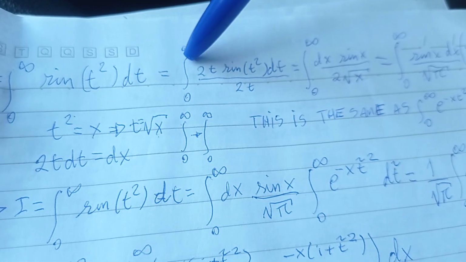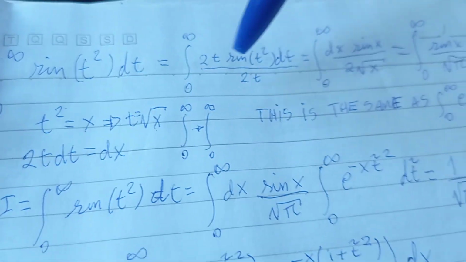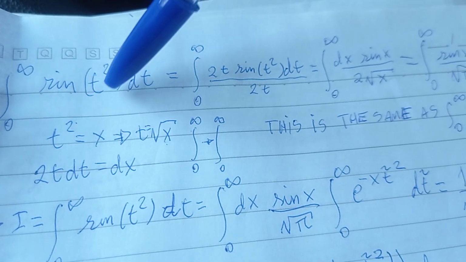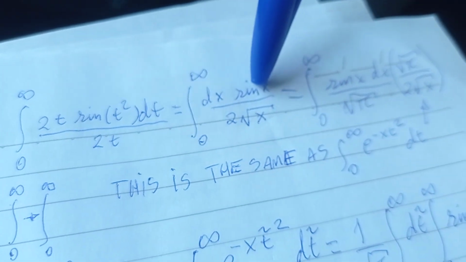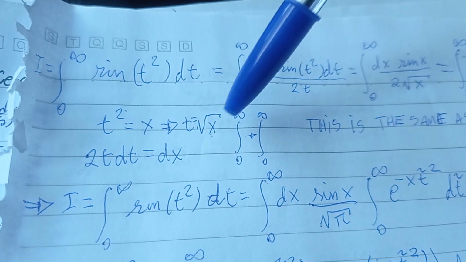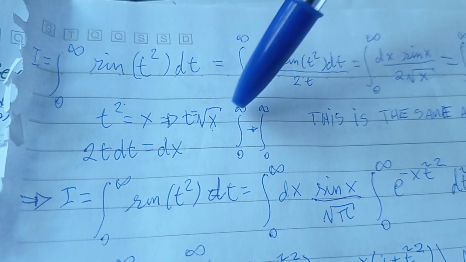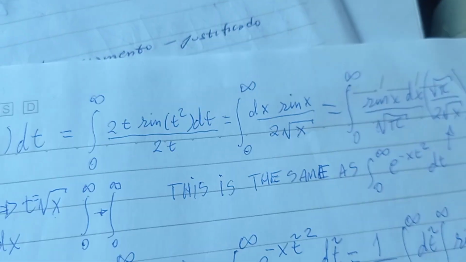So we have 2t dt to become dx. We have t squared that's equal to x, that's gonna give us the sin of x. And we have this 2t left over. 2 times t is 2 times the square root of x. So that's a good start.